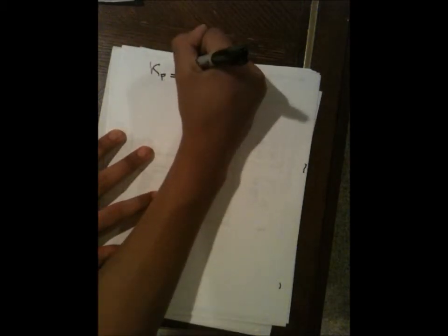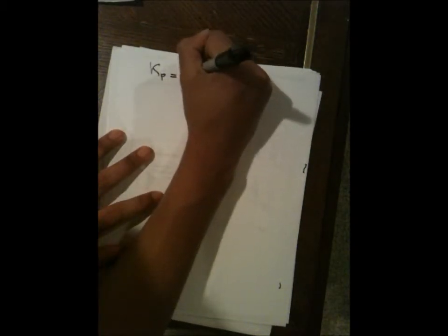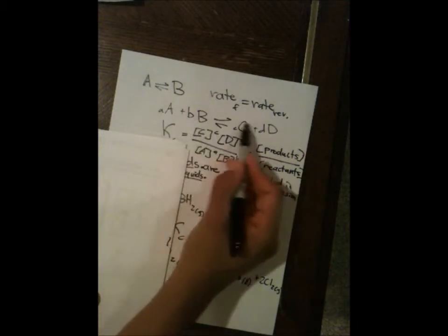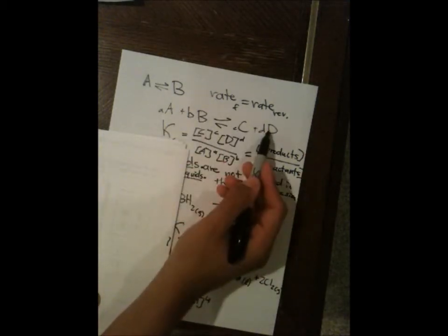But let's move into some other applications of this. You can replace molar concentrations with partial pressures to get the expression Kp equals the partial pressure of C raised to its coefficient, times the partial pressure of D raised to its coefficient, over the partial pressure of A raised to its coefficient, times the partial pressure of B raised to its coefficient. We're still looking at this reaction, so C and D are products, A and B are reactants.